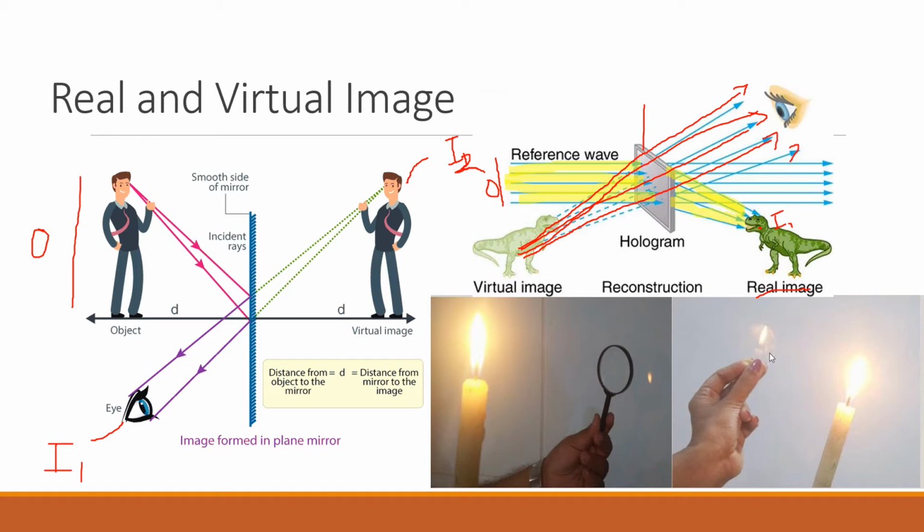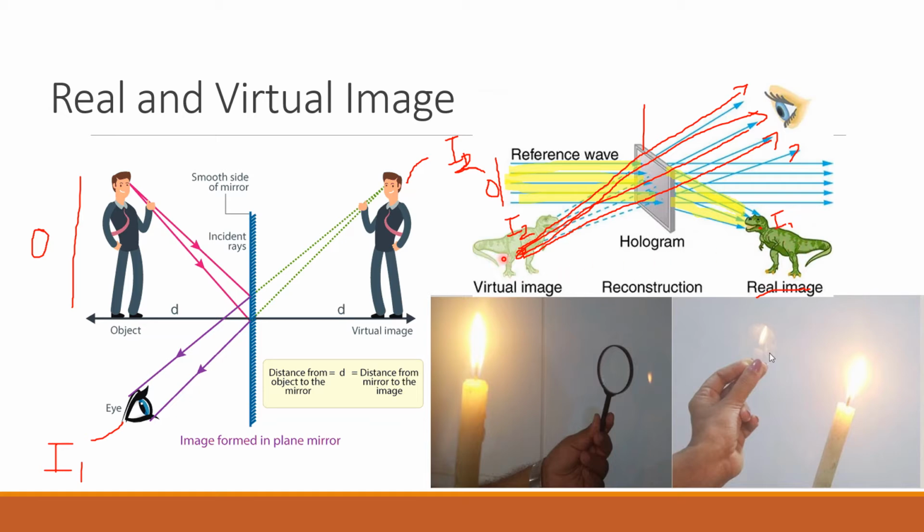So for our normal human eye, it will appear that the object is somewhere at this point, but your object is actually at this point. The image which falls on our eye diverges from this point. This point is your I2, whereas your object forms the actual image at point I1. So this is your real image, this is your virtual image.